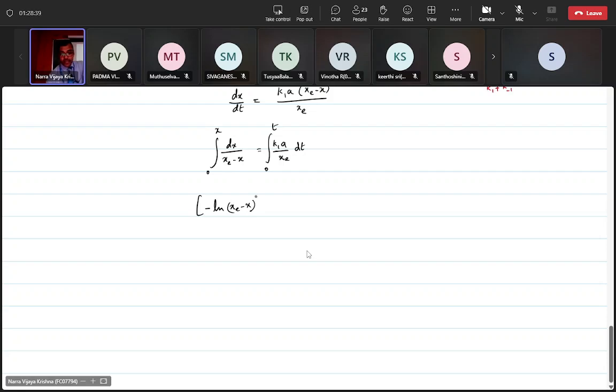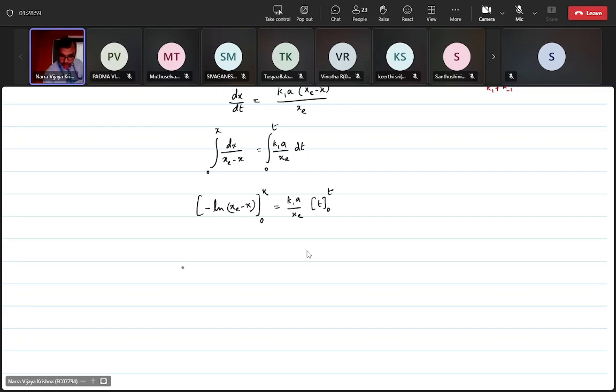So here I am applying limits 0 to x is equal to K1A upon xe, 0 to t. Correct, sir? What happens to this term? Substitute x and substitute 0. What do you get? Minus log xe minus x.